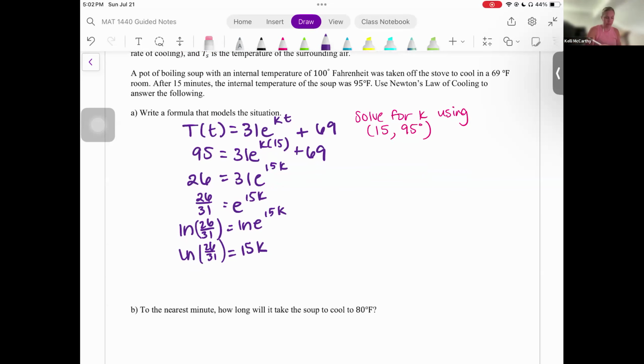To find k, we're going to divide both sides by 15. So the natural log of 26 divided by 31, divided by 15, equals k. And using a calculator, we're going to approximate this to be about negative 0.0117.